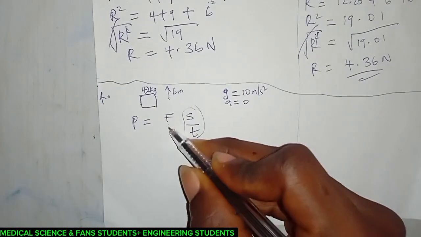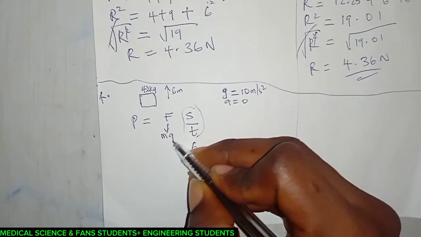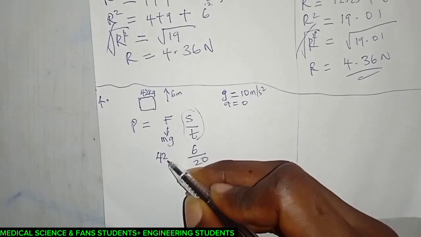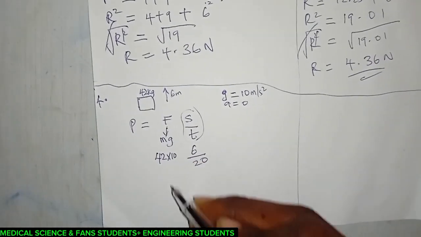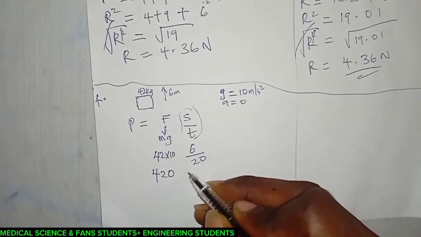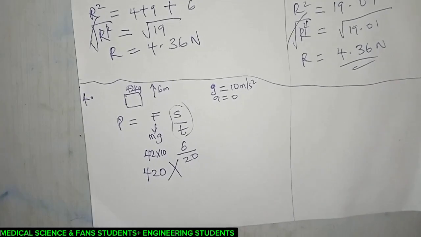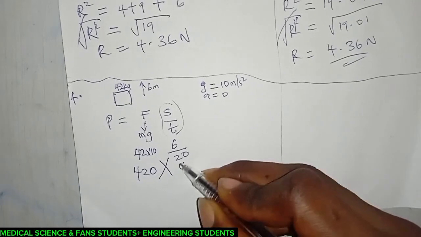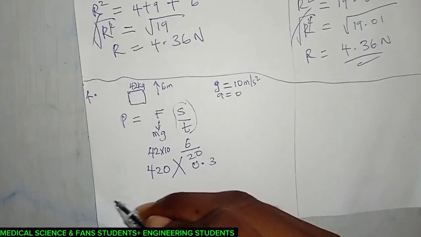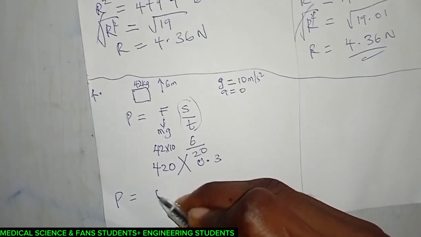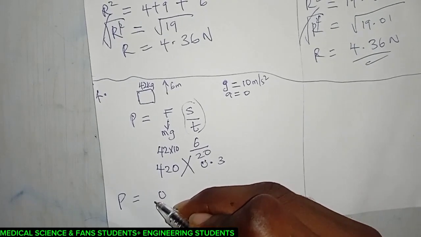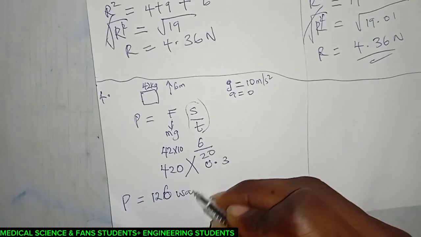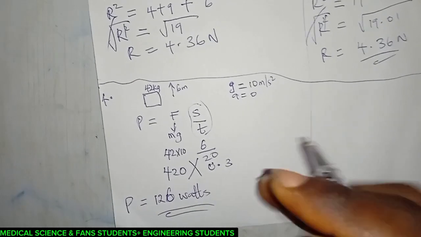Force itself is the same as mg, in this case not ma. So I have 42 times 10, which is 420, times 6 over 20, which is 0.3. So the power is equal to 126 watts. So that's the power.